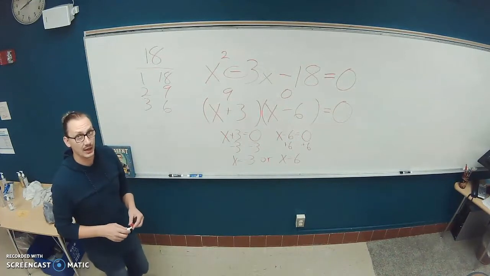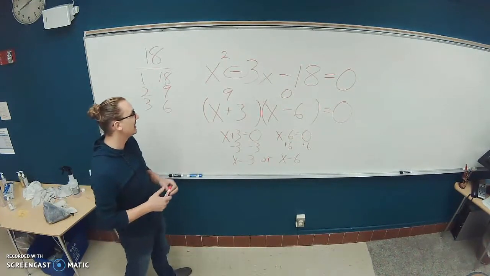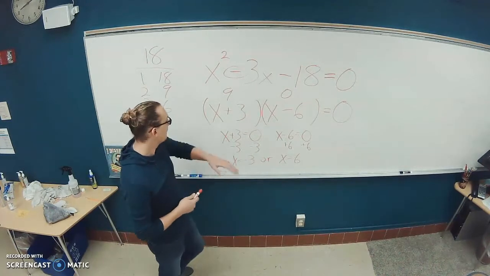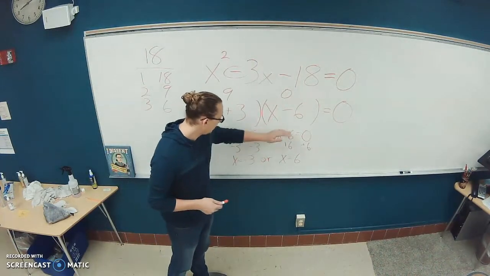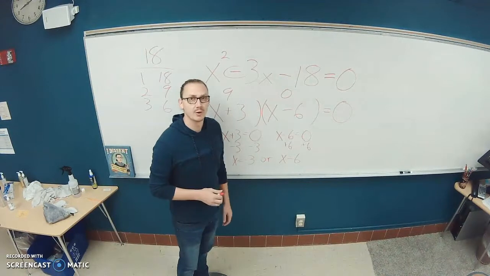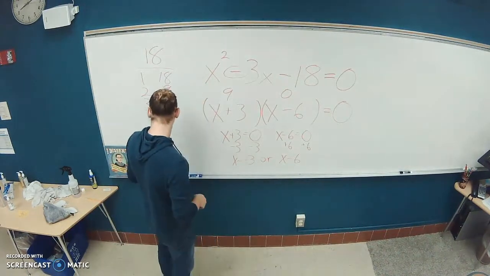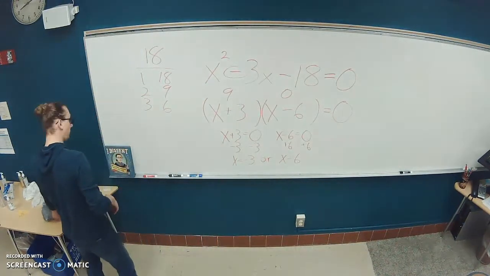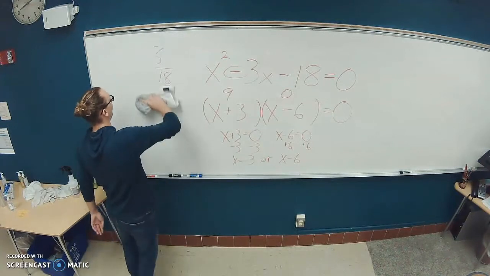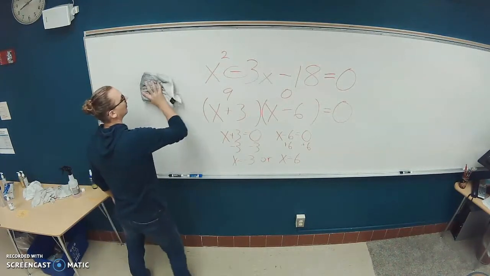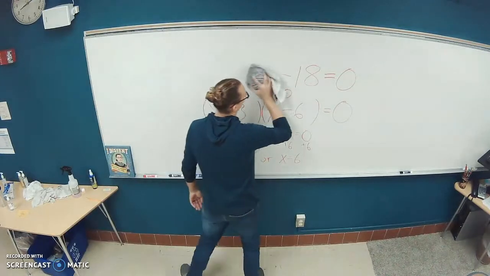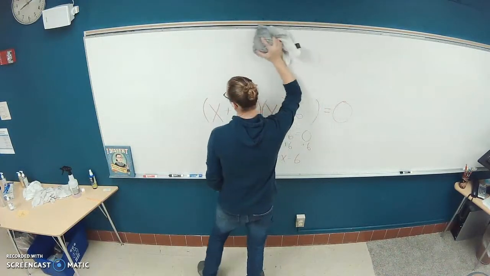So that's the trick. You need to have something that's equal to 0, and then factor it, and then solve both of those equations. I'll do one more, and then I'm going to set you loose, and I'm going to try really hard not to screw up the math this time.